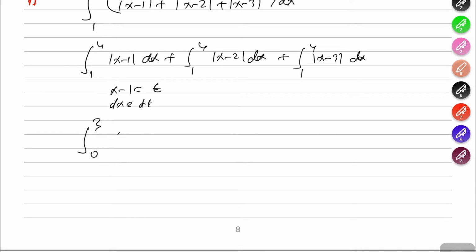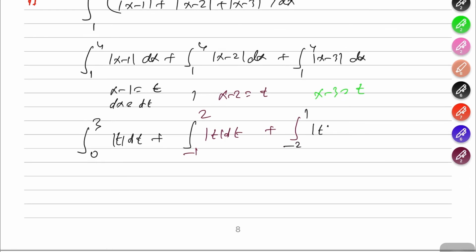So the first is 0 to 3 of mod t dt. Plus, again, in this case we choose x minus 2 is equal to t, so x equal to 1 gives minus 1 to 2, mod t dt. Plus again, in this case we choose x minus 3 is equal to t, so that means minus 2 to 1, mod t dt. Now it's easy to integrate. Why?